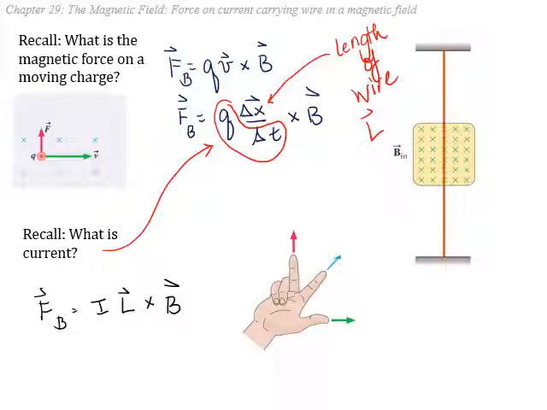The only thing maybe to really notice about this equation is that L is marked as a vector. The direction of the L vector is the same as the direction of current flow.